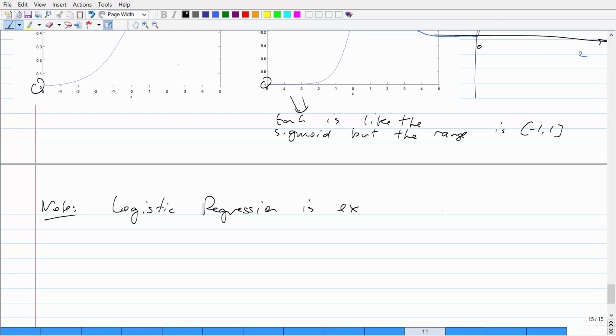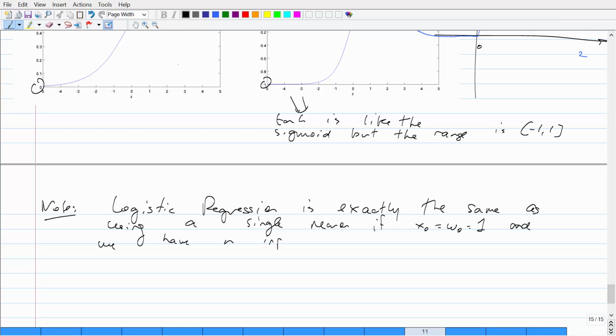Logistic regression is exactly the same as using a single neuron. I'll take a break soon, in a few minutes. This holds if the bias unit and the weight are equal to 1, and we have n inputs, n plus 1 weights, and 1 output.